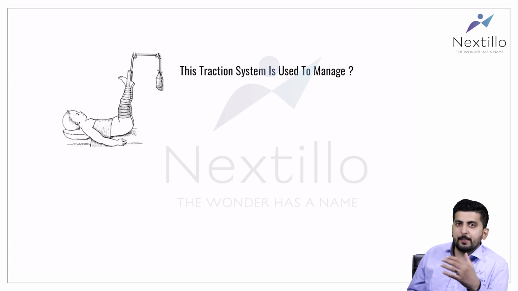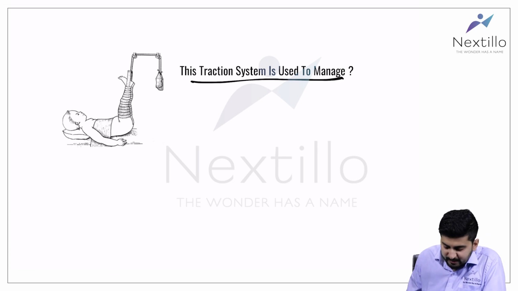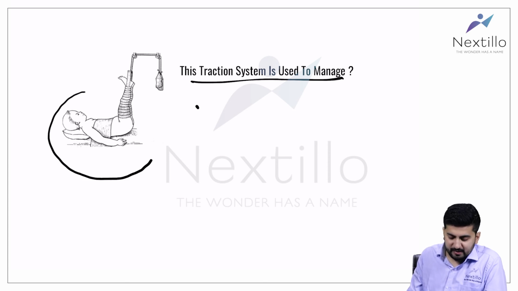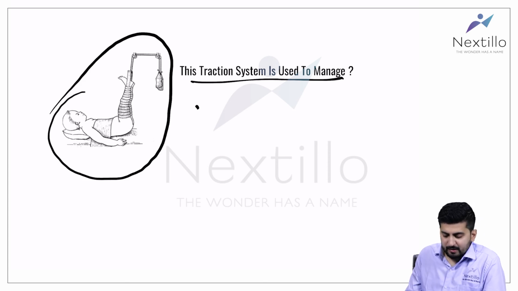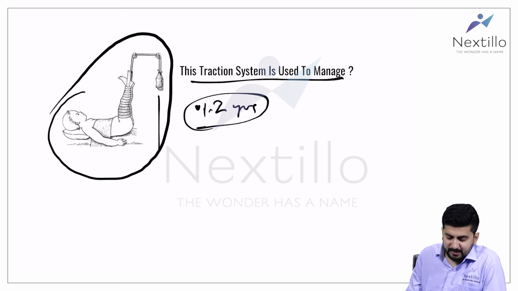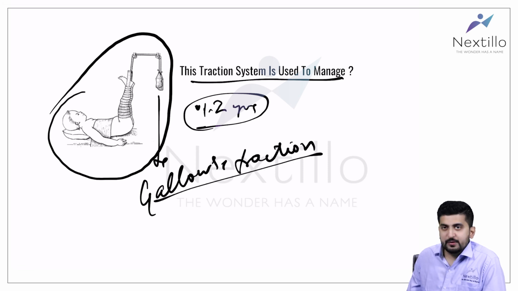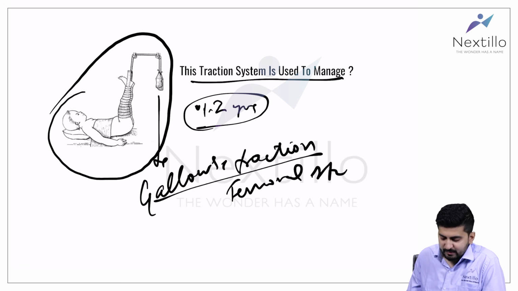Now here the examiner asks you that this traction system is used to manage which disease condition, and if you can see here, this is a child of probably around 1 to 2 years of age, and this traction system is known as gallows traction, which is used to manage the femoral shaft fractures in children.